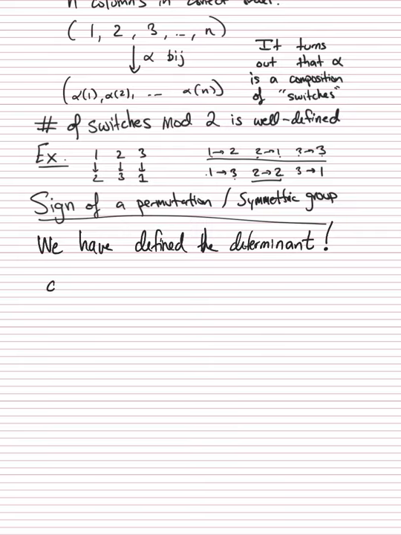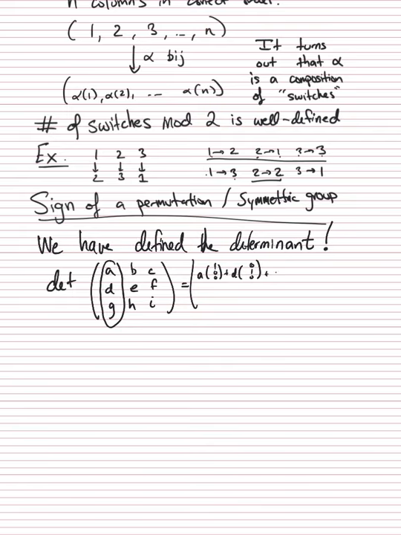So if you want to figure out what the determinant of A, B, C, D, E, F, G, H, I is, well, you would write A, D, G as A times 1, 0, 0 plus D times 0, 1, 0 plus G times 0, 0, 1, etc. Expand all of it out, bring everything to these diagonal matrices, and then take the product.